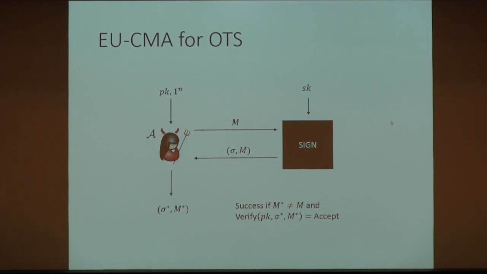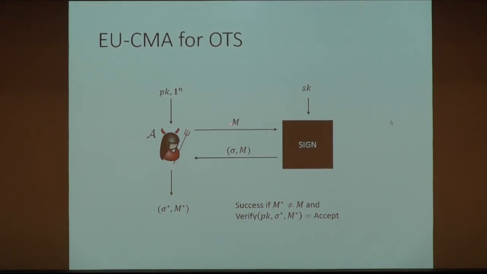Just to give you an idea of how the security proofs for this work, I will briefly go over the existential unforgeability under chosen message attacks proof for Lamport-Diffie. Existential unforgeability under chosen message attacks in the one-time signature setting means you get an adversary that gets the public key as input, and then he gets access to some signing oracle, which is initialized with the corresponding secret key.